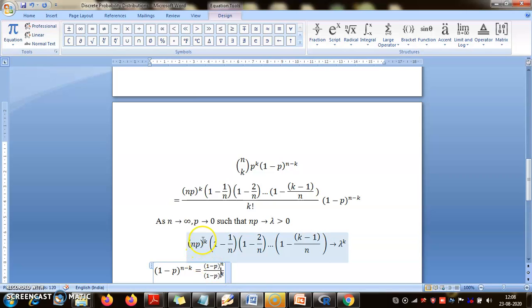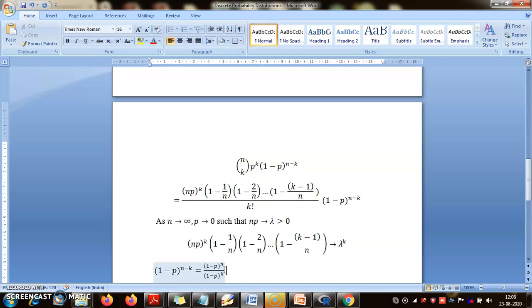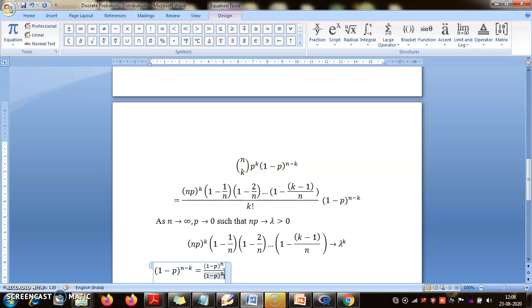Now k is a constant, so as p goes to 0, the denominator goes to 1. But what about the numerator? See, p is now a function of n. And how is it? It is equivalent to, so I will use this symbol. I don't know whether it is there in the equation editor. Let me check. Yes, it is there. Okay. So this is equivalent to, equivalent means if you take the ratio and let n tend to infinity, p tends to 0, then the ratio goes to 1.